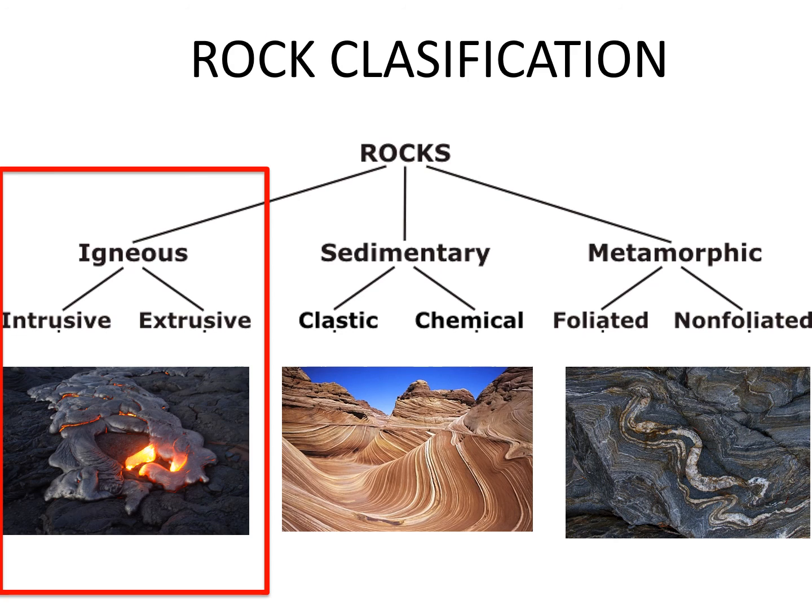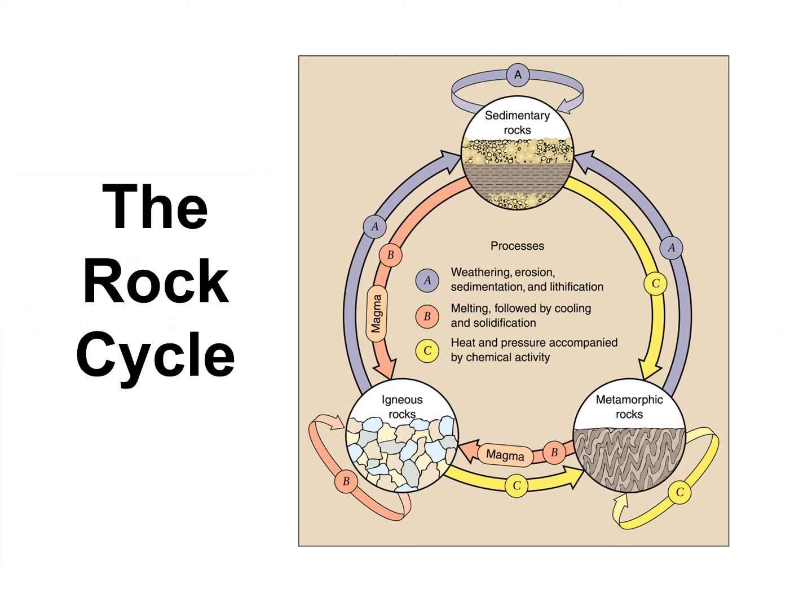Rocks can be classified into three major categories: igneous rocks, sedimentary rocks, and metamorphic rocks. The rock cycle shows the relationships between these rock types and the sediments. Sedimentary or metamorphic rocks become igneous rocks by the process of magma cooling or magma solidification.